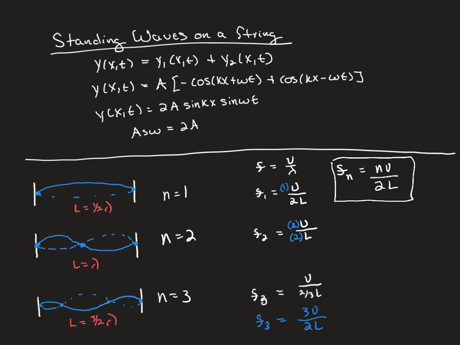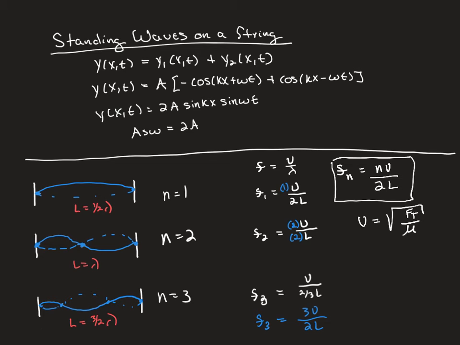If you take the fundamental frequency times 2, you get the second harmonic frequency. Take it times 3, you get the third harmonic frequency. These are frequencies at which a standing wave will form in that particular setup, based upon the length of the string. Remember, we've already learned how to calculate speed for a string.